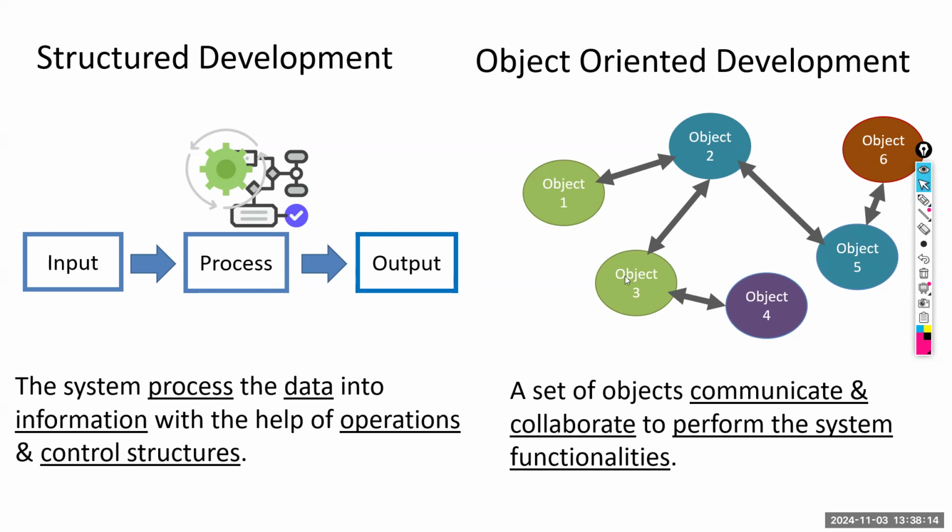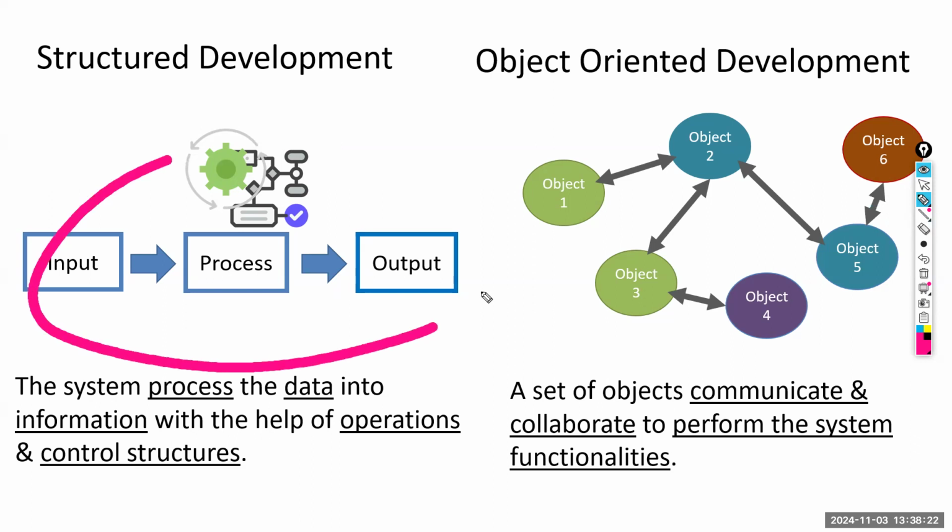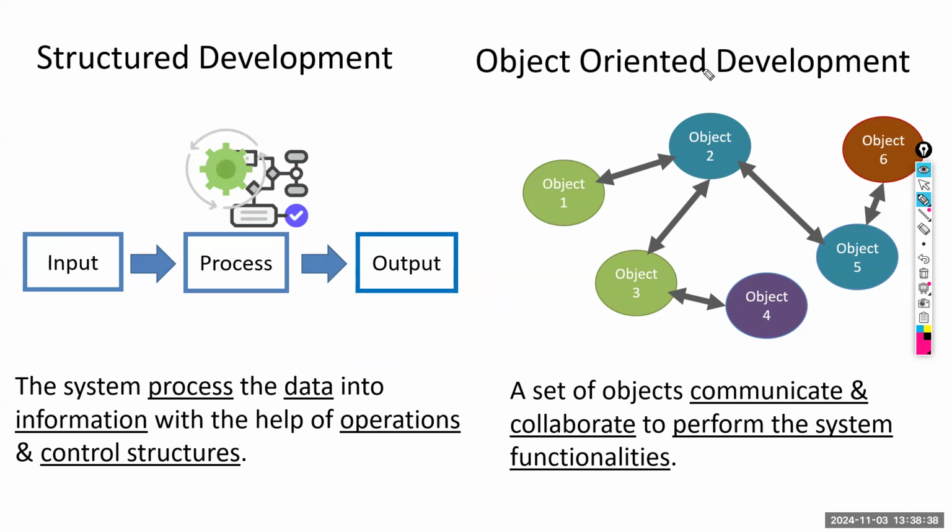So how do you look at object-oriented software development? In structured development, we have data, we take it to variables and do processing, applying operations using control structures until we get the expected output for the information. Here, we look at the system as a set of objects that communicate and collaborate.